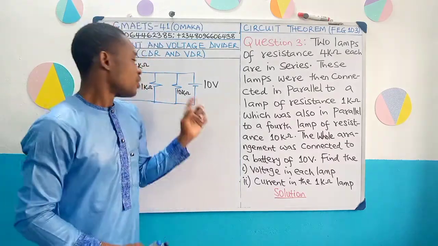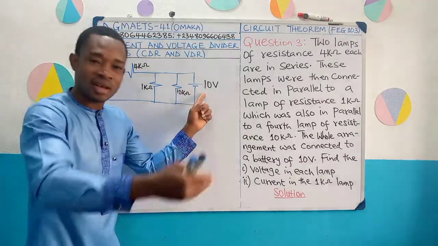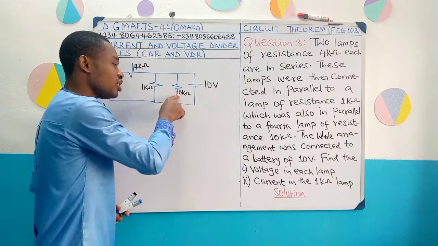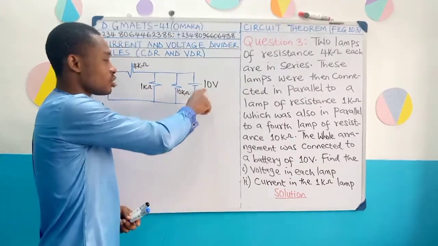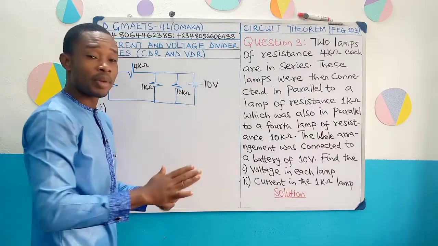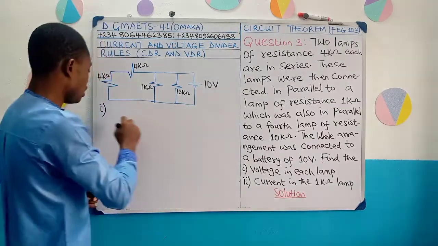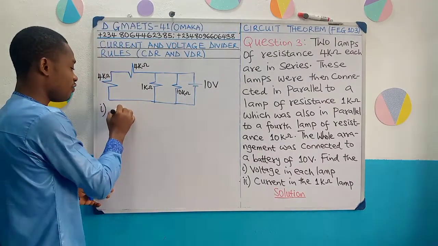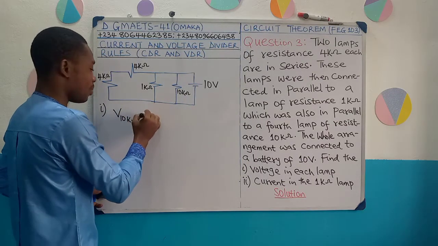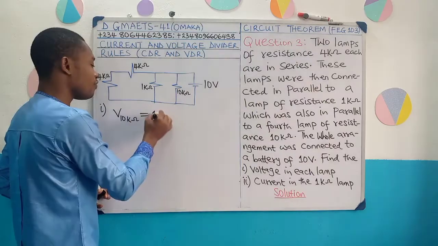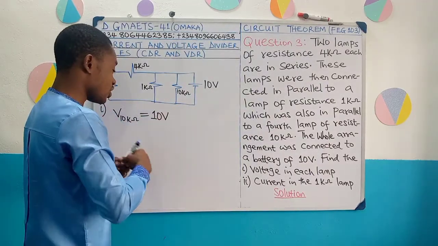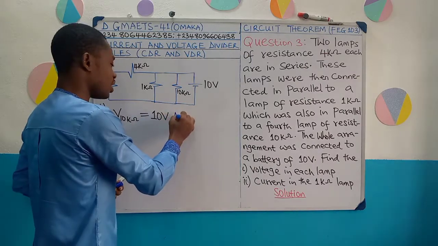But if the resistor is in parallel, just as we have in this case, it means that the voltage in this lamp is going to be the same voltage as the battery, simply because they are in parallel. So I'm going to indicate that the V across the 10 kilo ohm resistance lamp is equal to 10 volts. That's 10 volts, and I'll put the answer. I will state the reason for that.